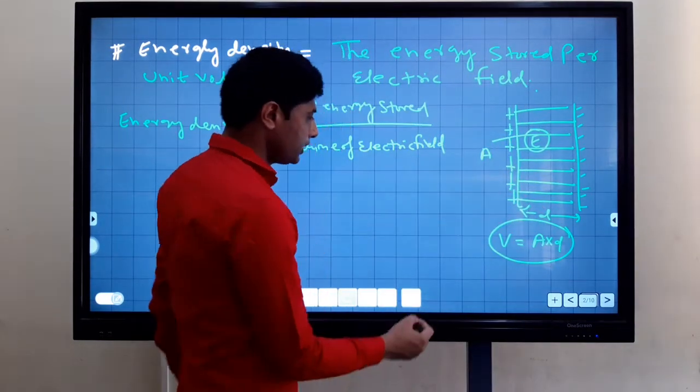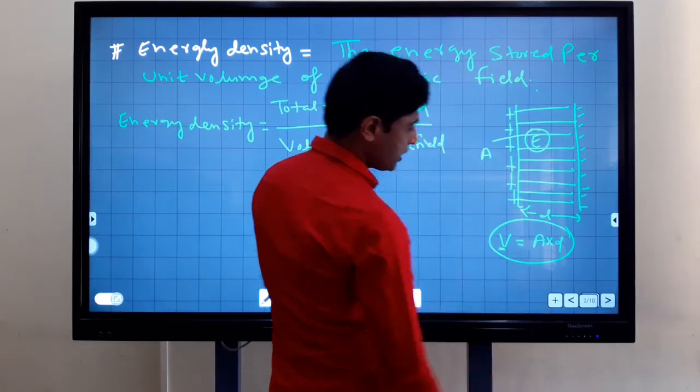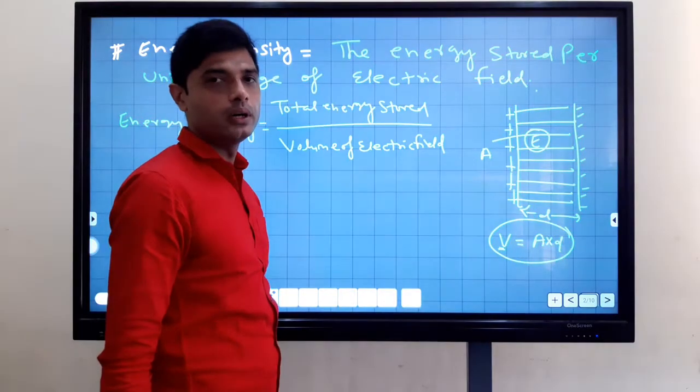The volume of electric field is V, and V equals A into D.